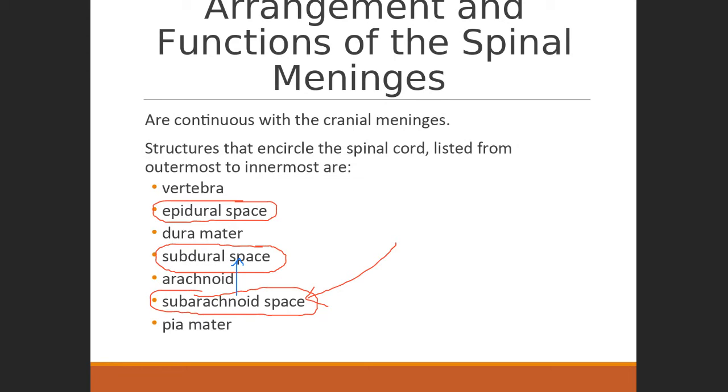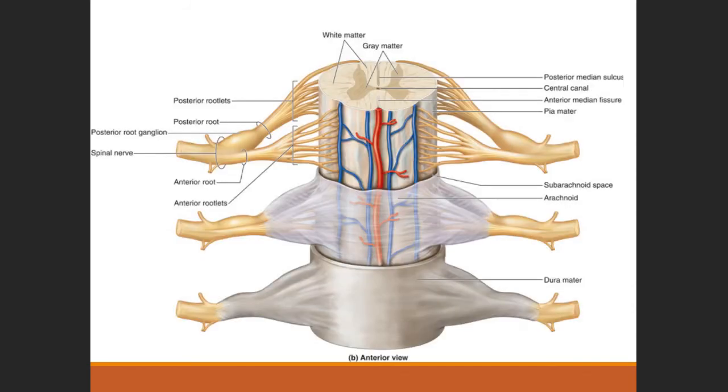So you'll have to know the orientation of the membranes and the spaces in between and what we find inside them. And we see them arranged concentrically: dura mater, arachnoid mater, and pia mater is going to sit directly on the spinal tissue itself, or brain, depending on if we're in the brain, of course.